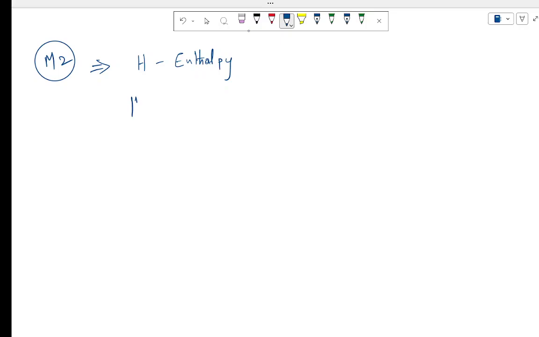So if I write H here, this H will be equal to U plus PV. By definition, H is nothing but U plus PV. So if I apply differentiation on this side, dH will be equal to du plus P dV plus V dP.